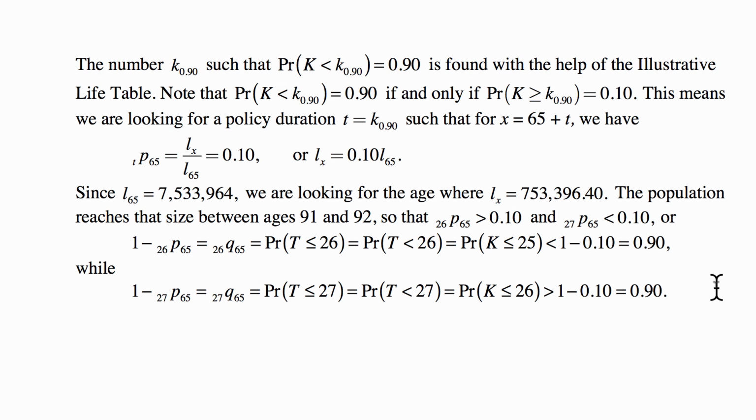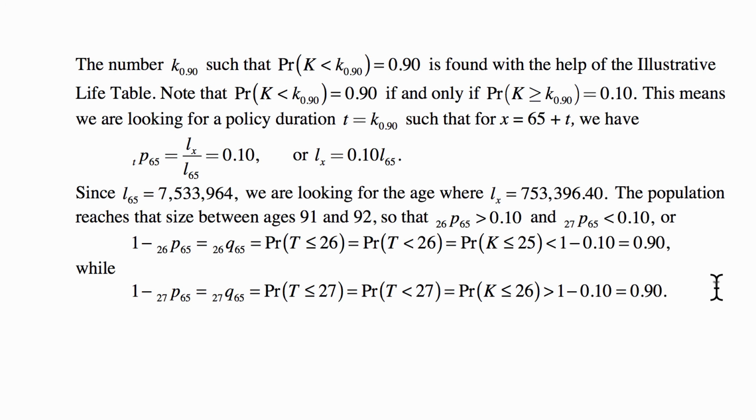But that's the same as saying that the probability that T is less than or equal to 26 is the same as the probability that T is less than 26 because T is continuous, but that being less than 26 is equal to the probability that K is less than or equal to 25. And that's less than 0.90.